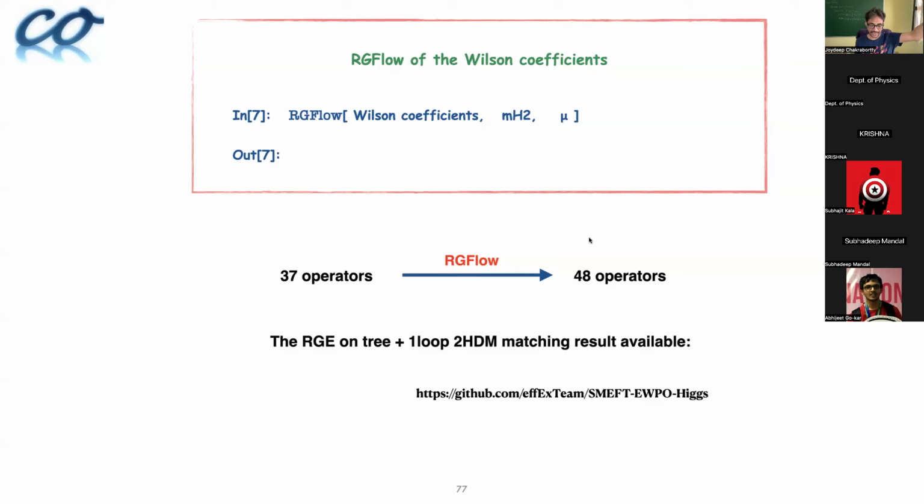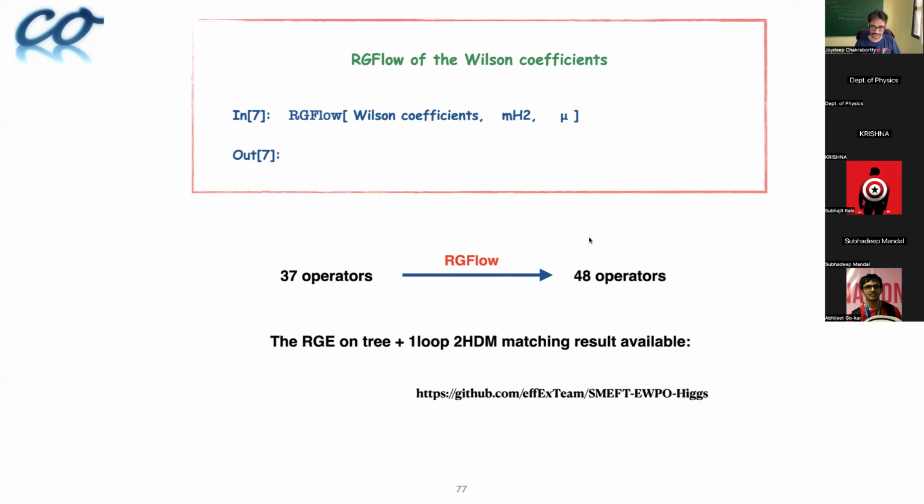Now, when I'm coming from top-down, I will use the same anomalous dimension matrix, because in the RG, whether you go from top to bottom or bottom to top, the RG coefficient does not change.